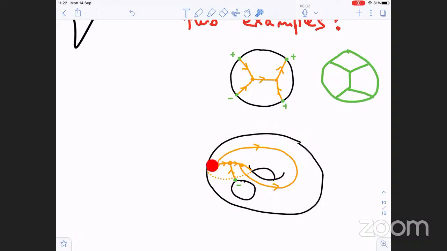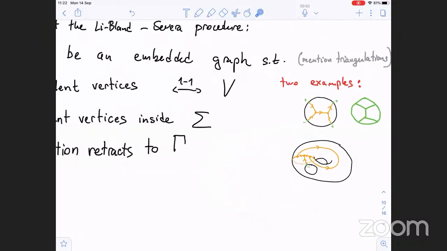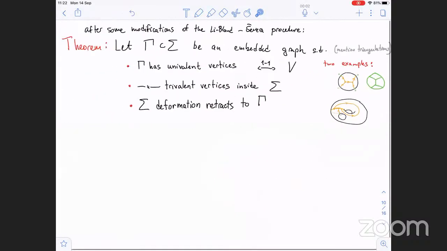The vertices in the interior have to be trivalent, so you cannot just draw the usual skeleton as one would do. And there is an important condition that sigma should deformation retract to the graph gamma, and you see that this is the case in all these examples.